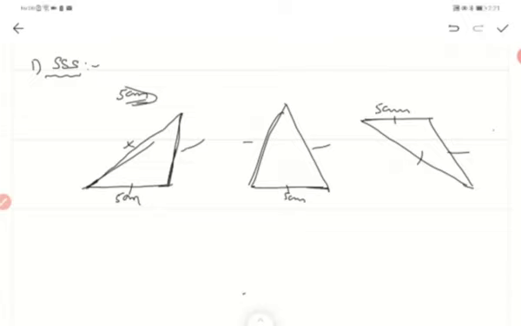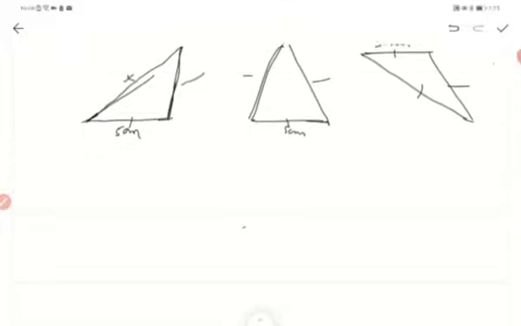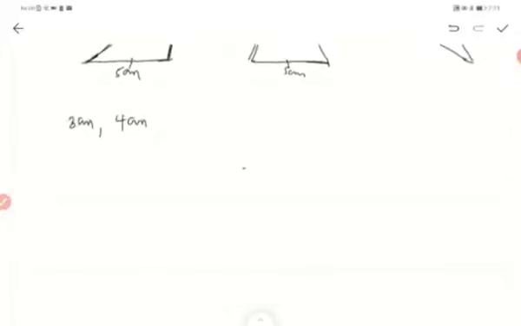Now if it is given that I know two sides of a triangle, one side is 3 centimeter and the other side is 4 centimeter, I will draw my triangle something like this: 3 centimeter as base and then 4 centimeter, and the other side may be anything. So 3 centimeter and 4 centimeter are confirmed and this side we don't know.